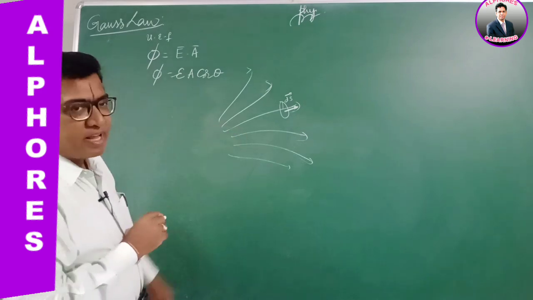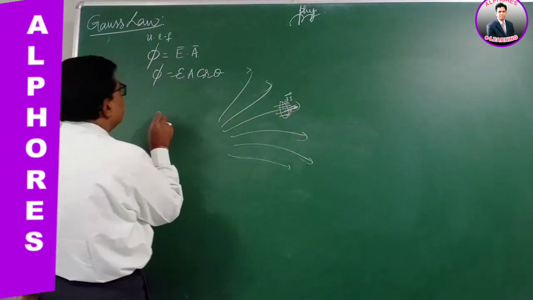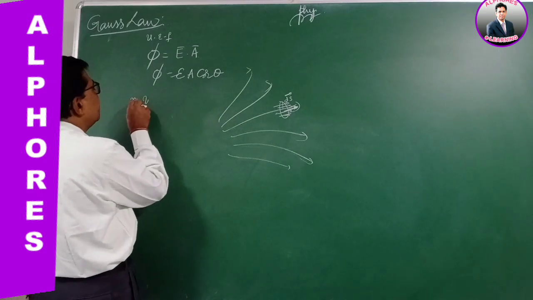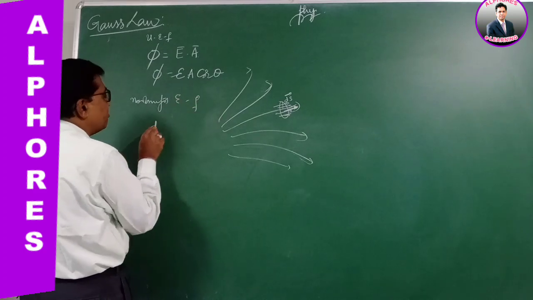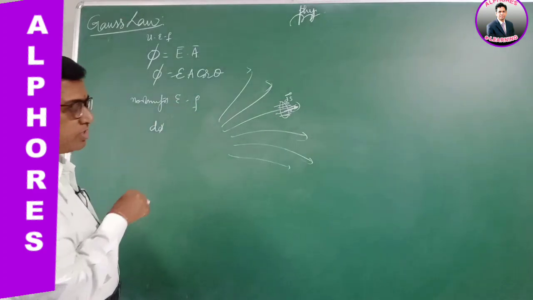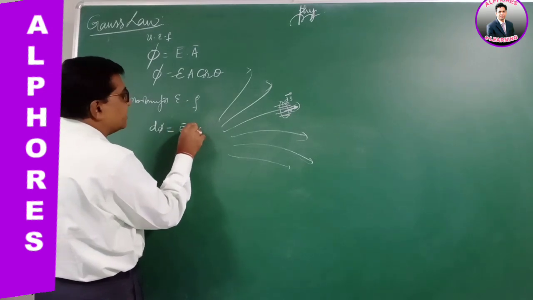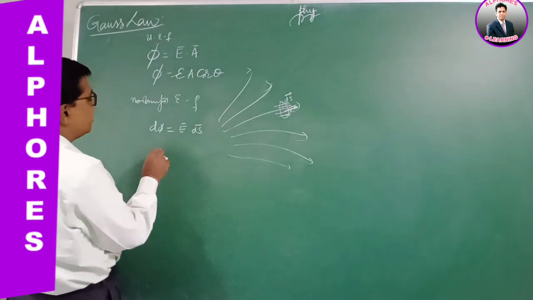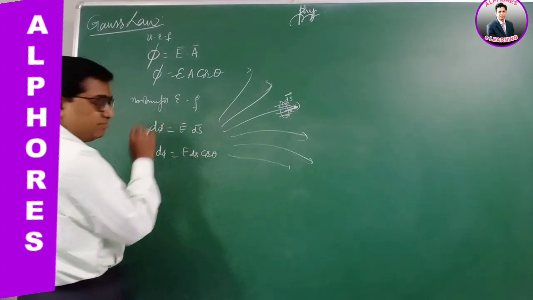The small flux, the small number of lines of force passing through the small area element in a non-uniform electric field, is given by E dot ds bar. So d phi is E ds cos theta.